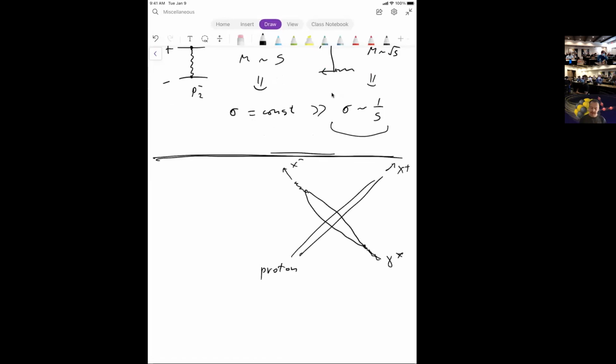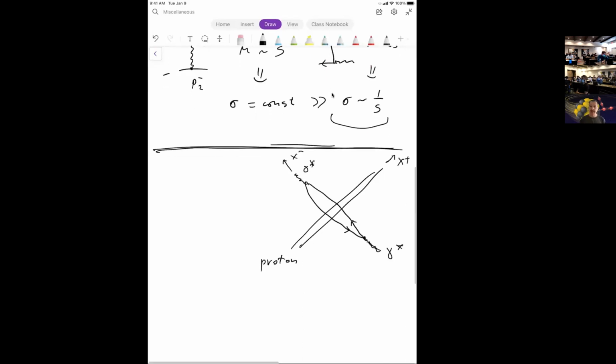And then again we get the virtual photon gamma star. So we have to describe the splitting of this gamma star into a quark-antiquark pair, and that splitting can be described by ordering things along the x minus axis, for instance.